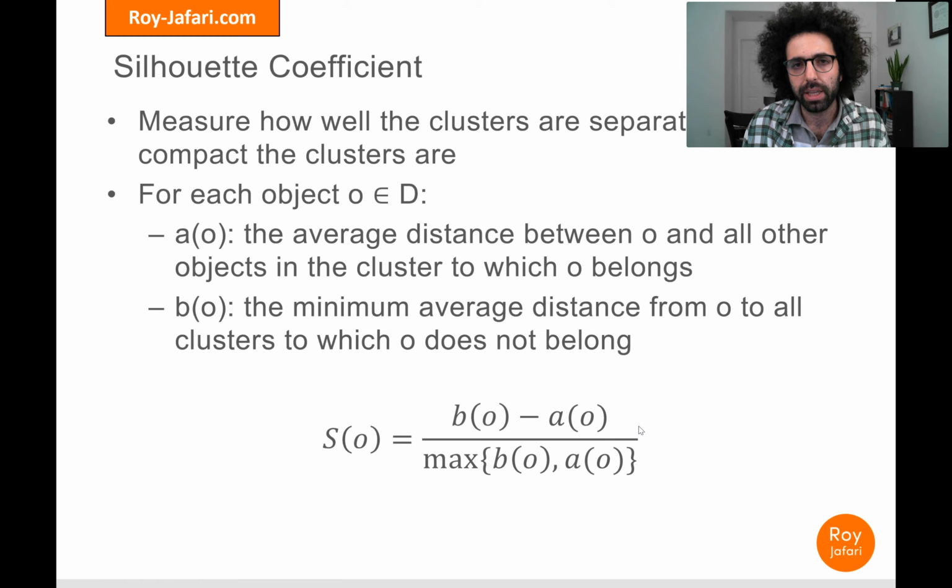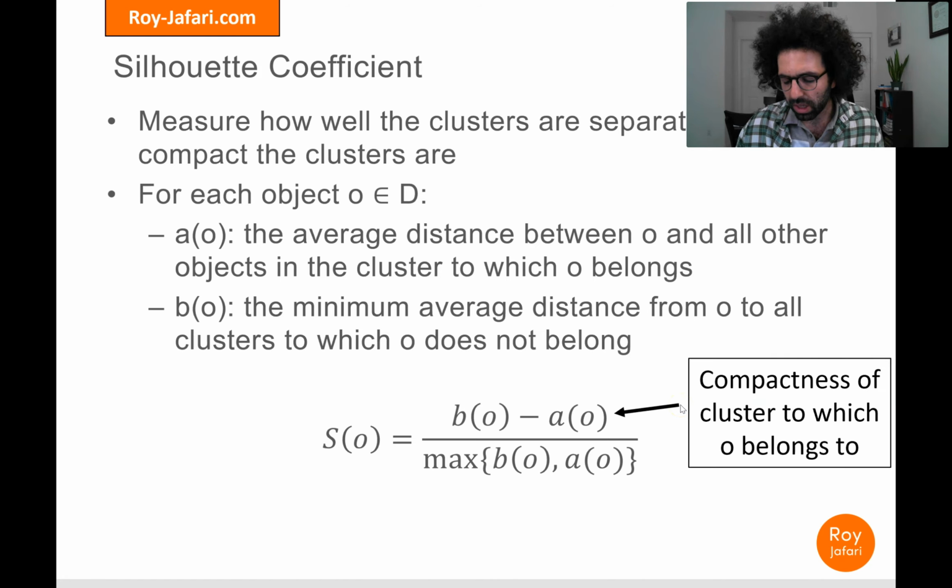Essentially, A is how compact the cluster is that each data object is a part of. And B is how well separated the cluster that this data object is part of is from the other clusters.